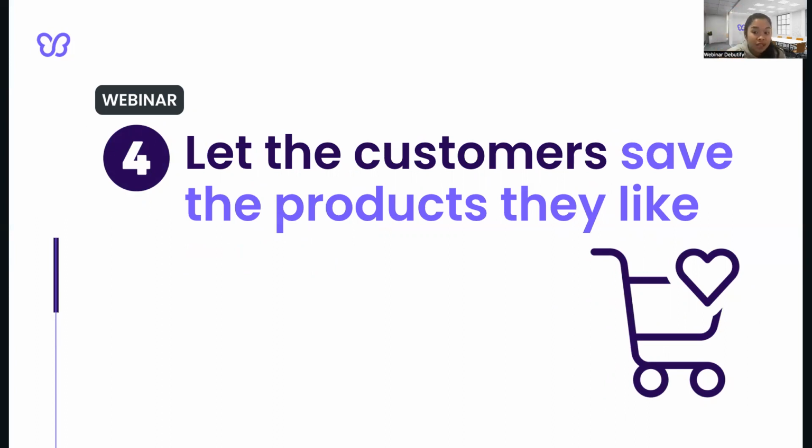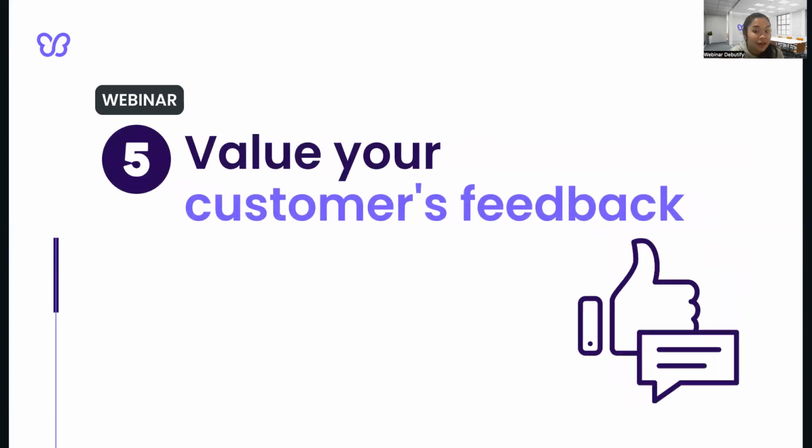By adding a wishlist feature on your e-com store, customers can save the products that they're interested in but are not yet ready to purchase. Finally, value your customers' feedback. Listening to your customers and implementing their suggestions can improve your e-com store and show them that their opinions matter to you. This will encourage them to keep coming back.